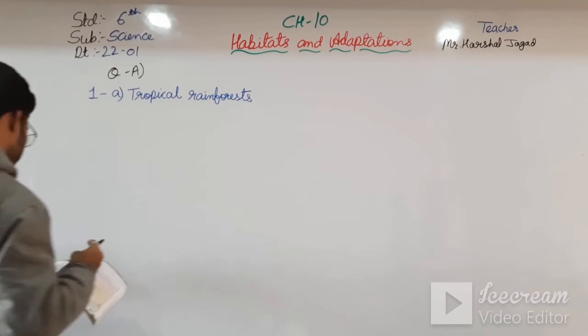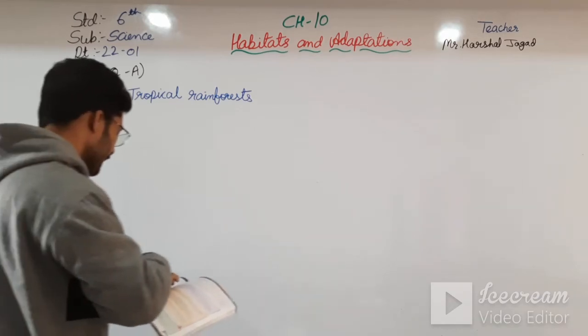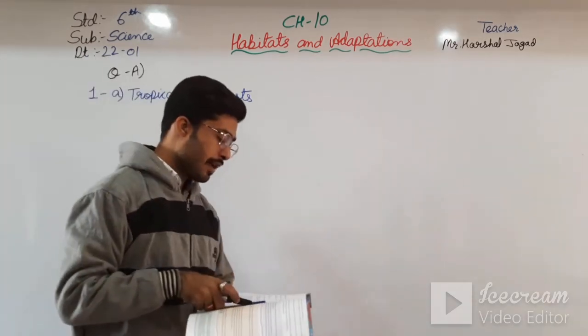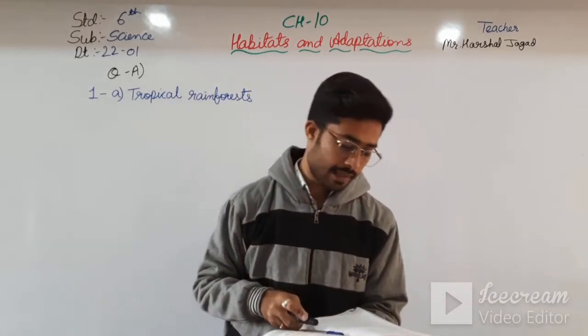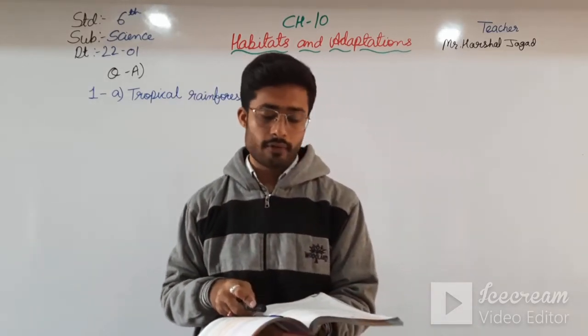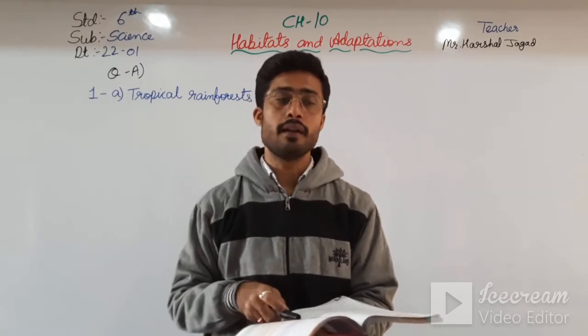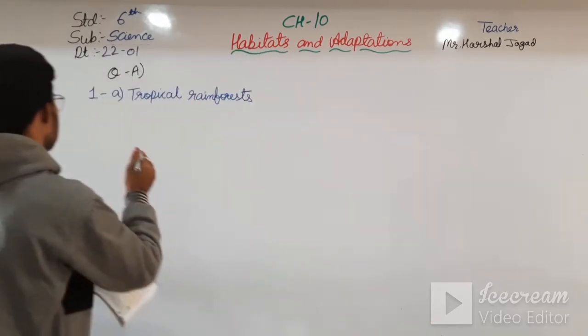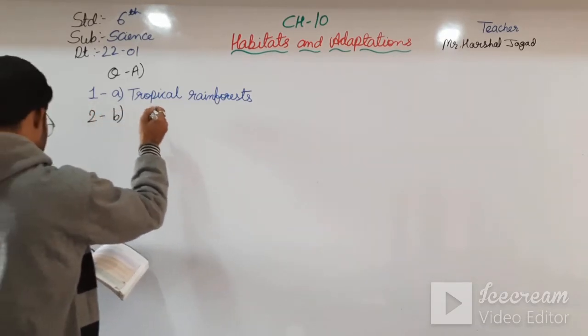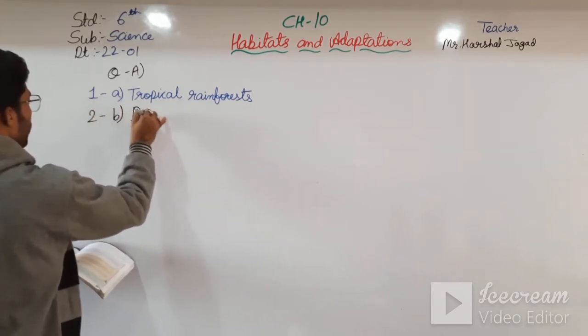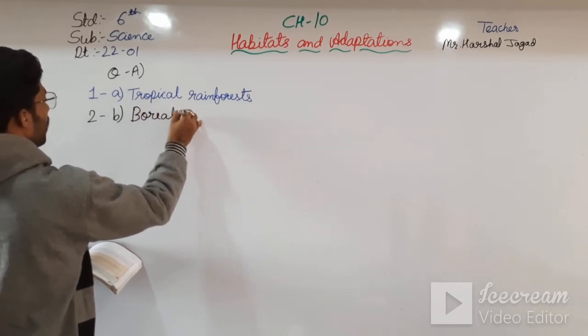Second one: the type of forest that has very low temperature, often below 0 degrees: temperate forest, boreal forest, polar regions, or tropical rainforest. So here in the second one, it will be B, that is boreal forest.